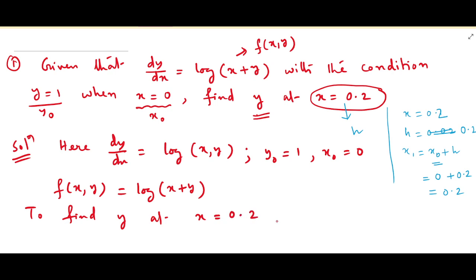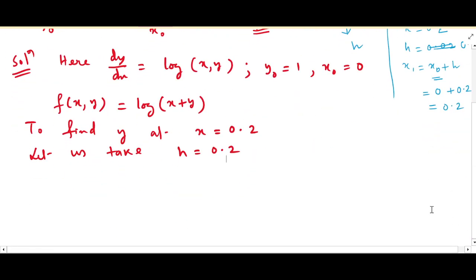So what I said, the value of x and h is the same. So let us take h equals 0.2. Remember this: in Euler's modification method, whatever value of x is given, you just directly take it as h. So this is one modification. In Euler's method, it is not like that; we have to take a different step size.